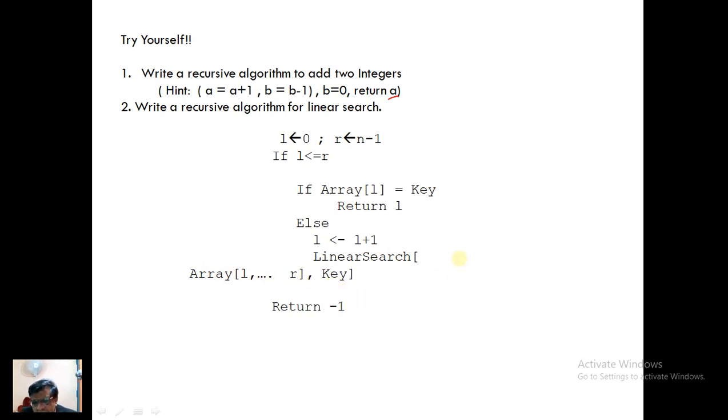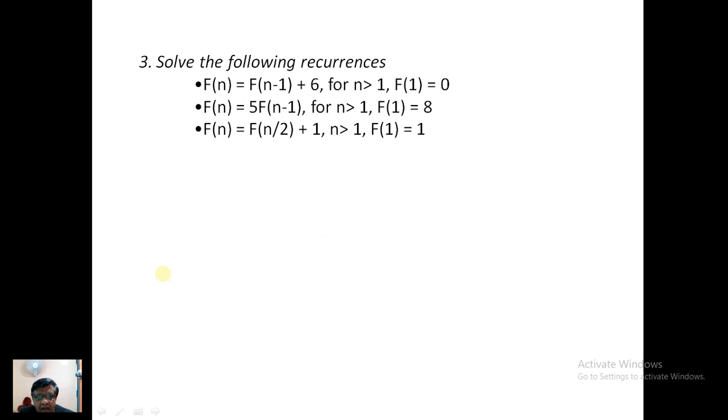Finally it will be reduced to one element by successive iterations. Otherwise, if it is not found, it will return the not-found value. You just modify this with small tweaks, and you will be able to write the algorithm.